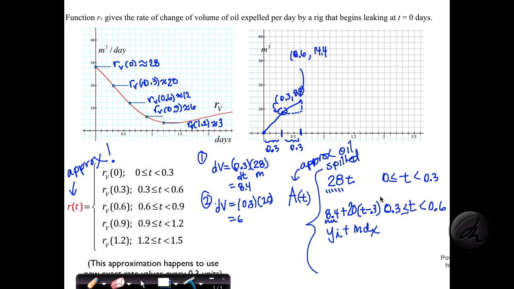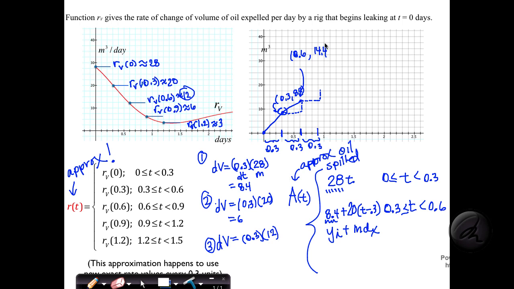Or if we want to do a third section here, using this rate of about 12 from 0.6 to 0.9, well, if I want to go all the way across this section, I'm going to have this change in volume, all the way across the section, times my rate of 12. 0.3 times 12 is 3.6.